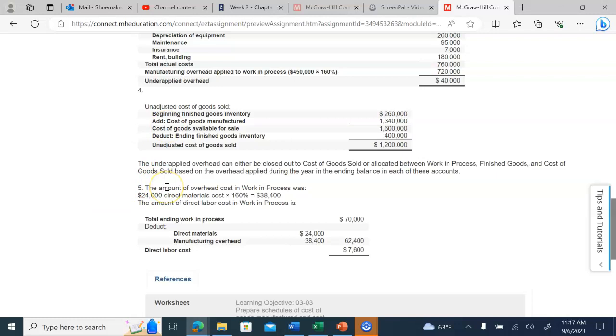Last, the amount of overhead in work in process was 24,000 of direct materials times the 160% manufacturing overhead. So you see here the ending work in process, subtract the direct materials and the manufacturing overhead, or excuse me, add those two together. The difference is your direct labor cost.